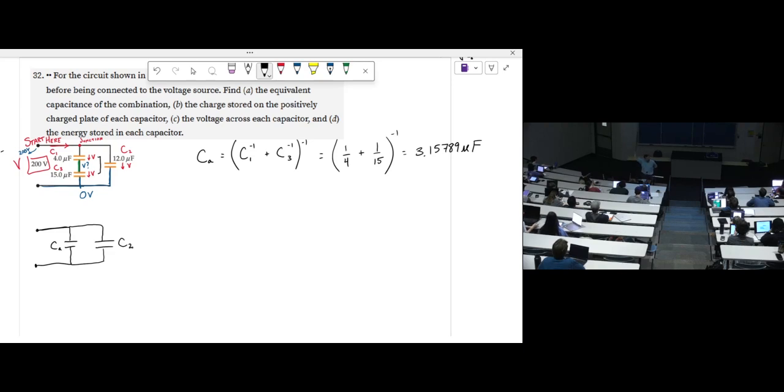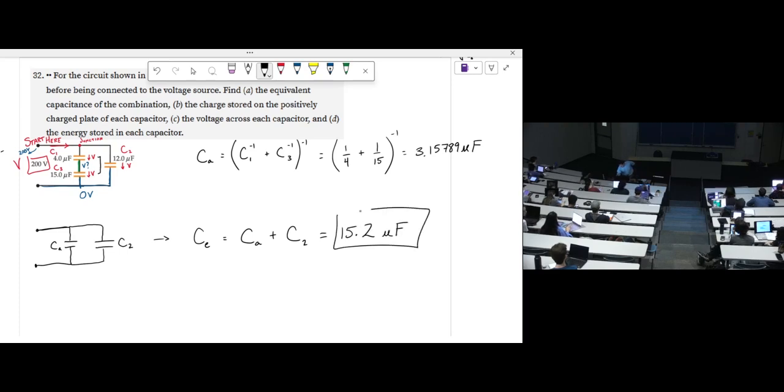Because the voltage drop is equal across C sub A and C2, I can consider those to be in parallel with one another with nothing else involved. So the equivalent capacitance now is going to be C sub A plus C2 because these two things are in parallel, and I end up getting that the capacitance is going to be 15.2 microfarads of equivalent capacitance in this system.